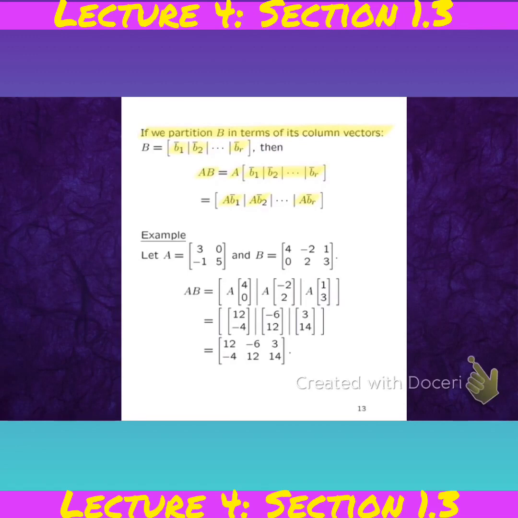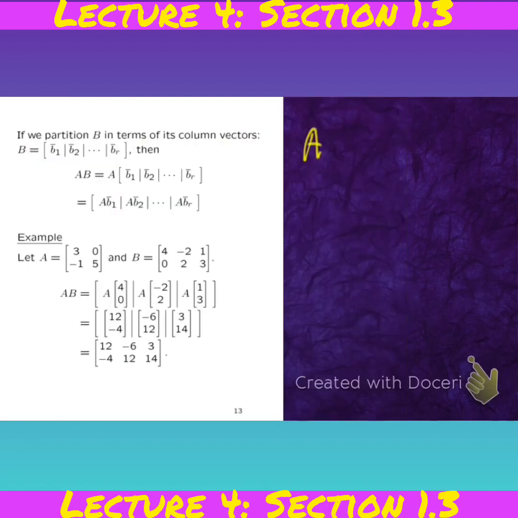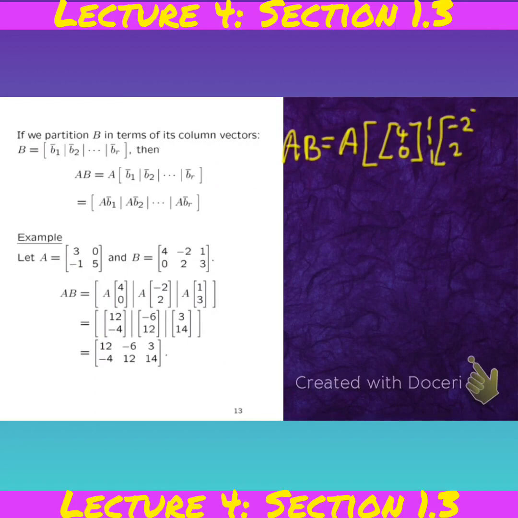So if we were to consider this next example, if we look at A times B, remember we take the matrix A and we multiply it with a partitioned matrix. The partitioned matrix in this case is that matrix with column vectors. The second column vector is going to be minus 2, 2.